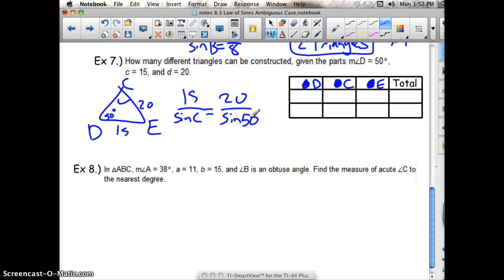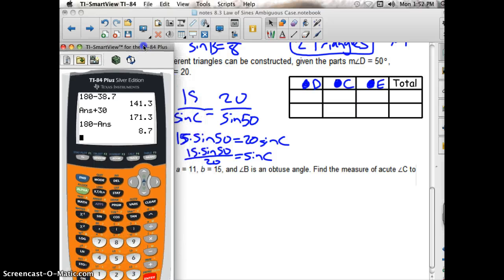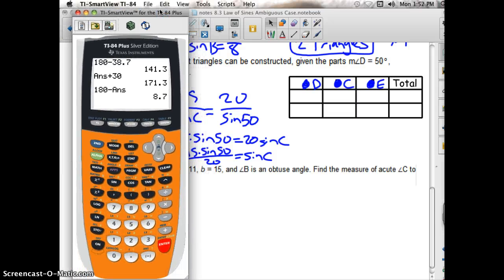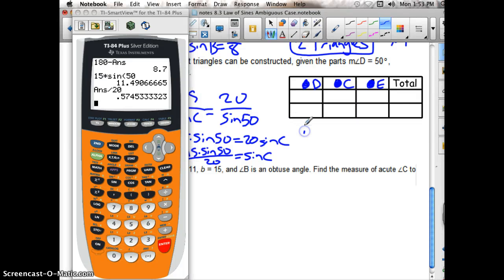So 15 times sine 50 equals 20 sine C. So 15 times sine 50 over 20 equals the sine of C. Remember, I'm going to keep this to 4 decimal places. 15 times the sine of 50 divided by 20 gives me 0.5745. So I have sine C equals 0.5745.